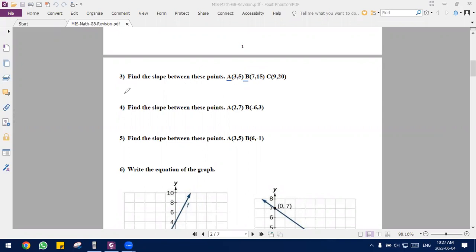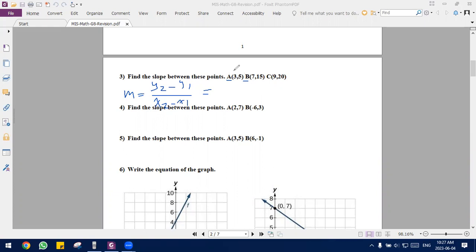Now to find the slope, which is M, we need to write the formula, don't forget. So the formula for the slope is y2 minus y1 over x2 minus x1. Now you can name the points wherever you like. So you can name A as point 1 or B as point 1.